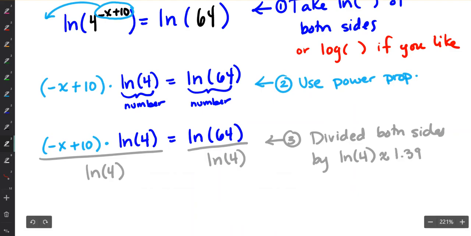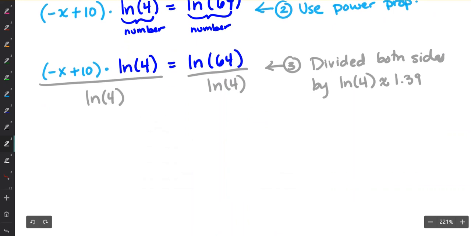It's just a number. So now we've got minus x plus 10 times the ln of 4 divided by the ln of 4. That's a 1. Did that on purpose. That's equal to the ln of 64, all divided by the ln of 4.